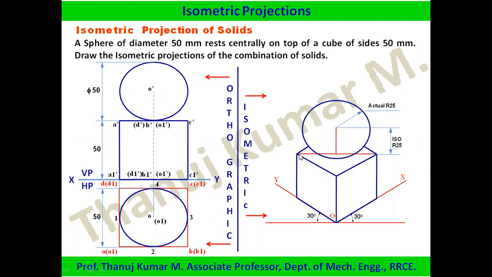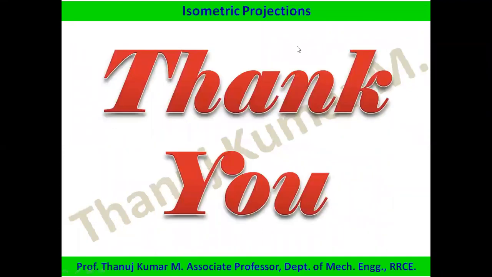The location from the top face of the cube, from this point to this point, is isometric 25. After that, from the center, I've measured exactly the actual radius of 25 and drawn the circle. This is how we need to draw the sphere. I hope I made it clear. Thank you. Let me stop.